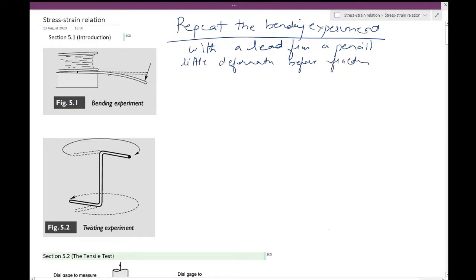So the earlier one, which was a ductile material, the metal wire, would deform little in elastic, deform a lot in plastic before it actually goes to fracture. This one, on the other hand, will show very little deformation before it fractures. Such a behavior is called brittle.